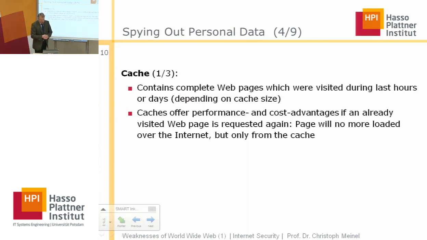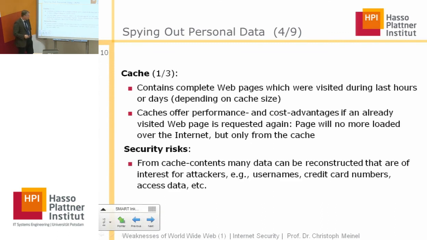If an already visited web page is requested again, then it's only to check whether the cached website is fresh, and if it is fresh, then it's no more loaded. It's shown from this internal memory. The security risk here is that from a cache content, many data can be reconstructed that are of interest for an attacker.